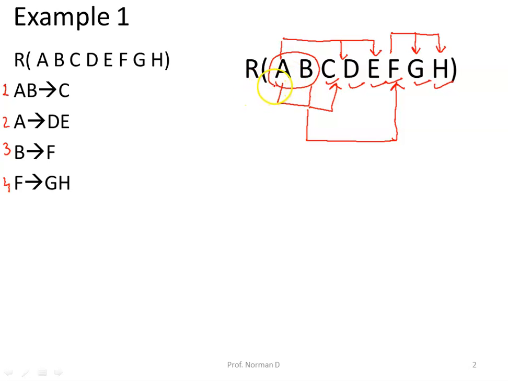Now these attributes are called essential attributes. A and B are called essential attributes because A and B cannot be computed by any other attributes.